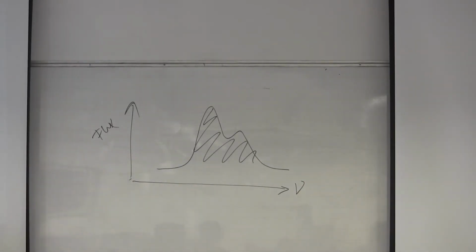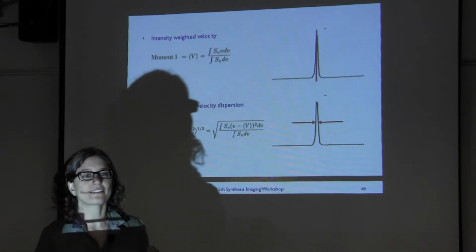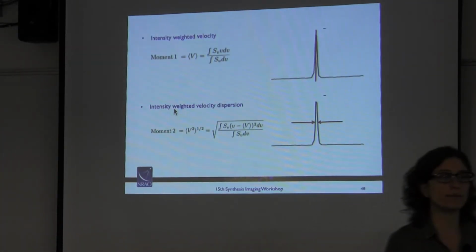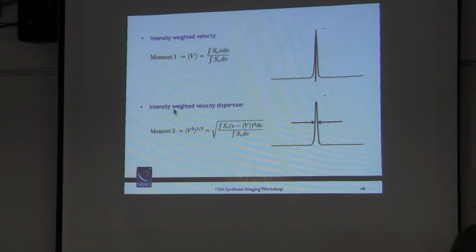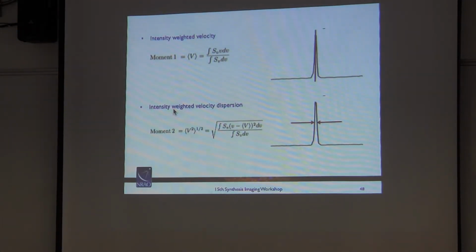The first moment map that I just showed you is an average of the velocity of that gas, basically. We are making an average of the velocity, and in order to get that average, we weight every pixel by how bright it is in your channel maps. It's just a weighting, a way of giving more weight to those parts that are brighter in your channel maps. And finally, we have the second moment, which is a measure of the velocity dispersion of the gas.